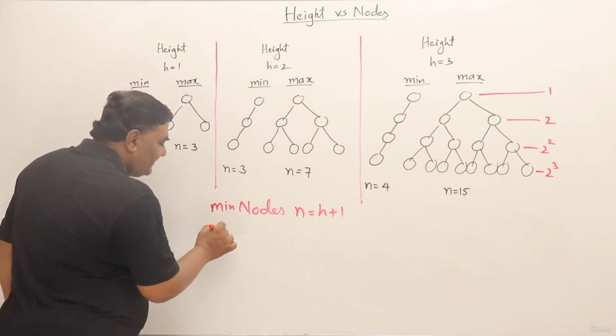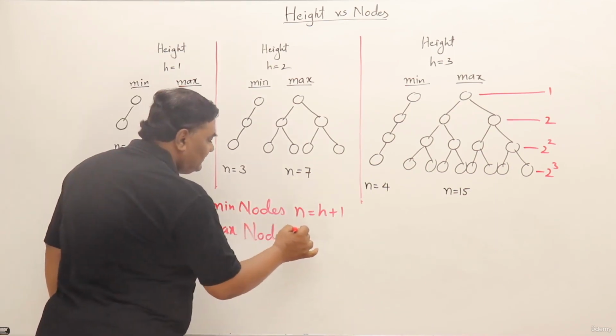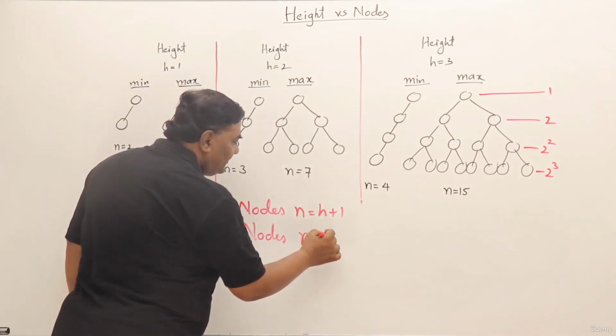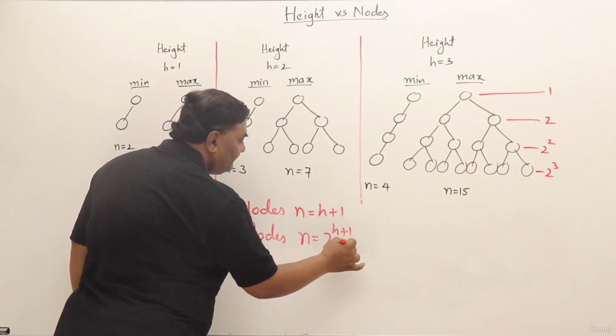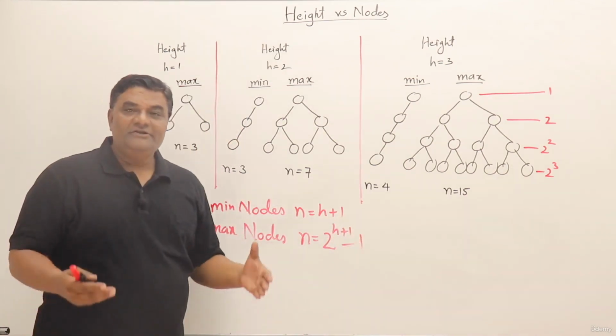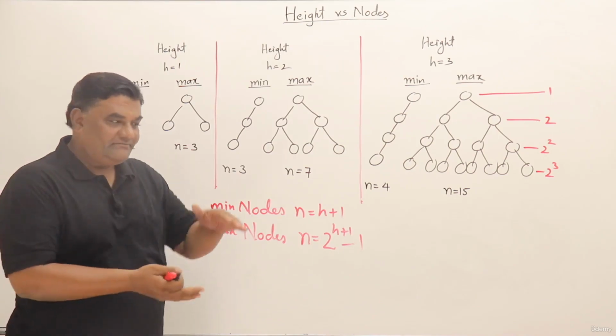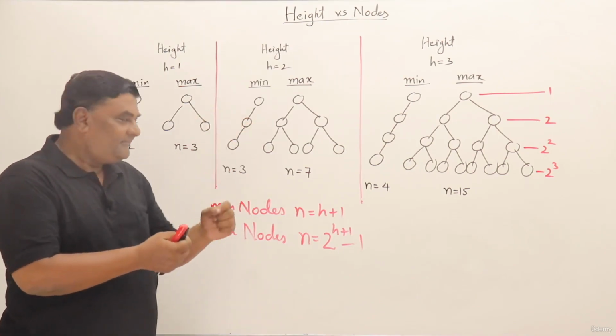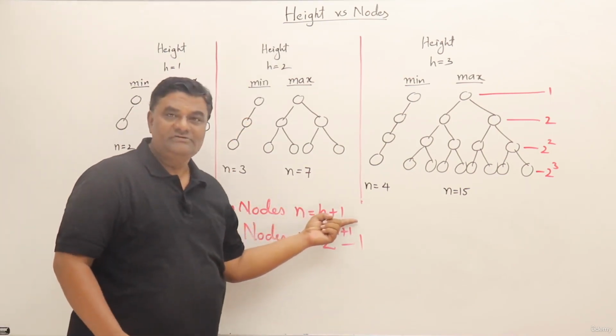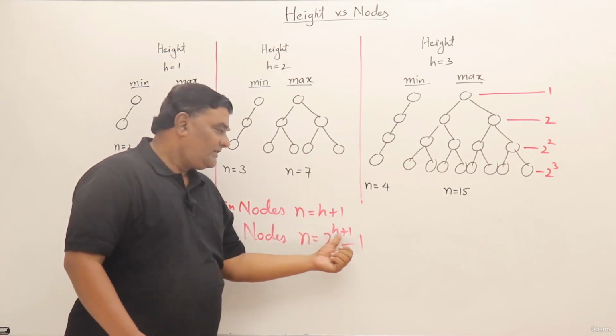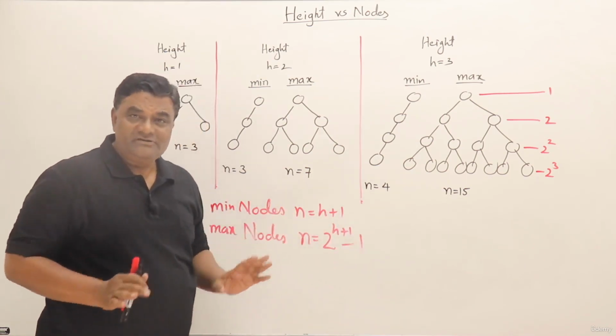So formula for maximum nodes, n equal to 2 power h plus 1 minus 1. So now we know the formula. If height of a binary tree is given, then within that height, minimum we need h plus 1 nodes, maximum 2 power h plus 1 minus 1 number of nodes are possible.